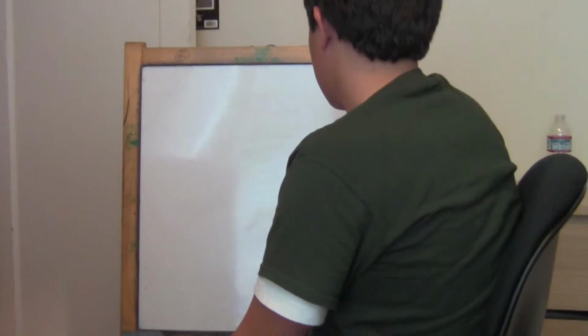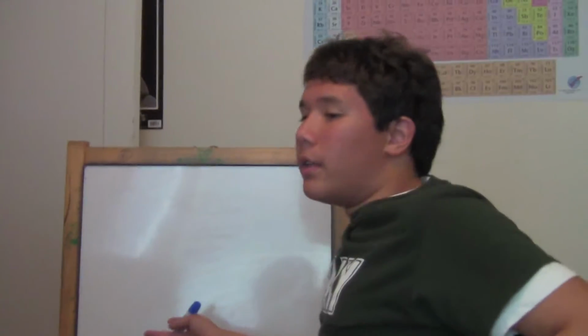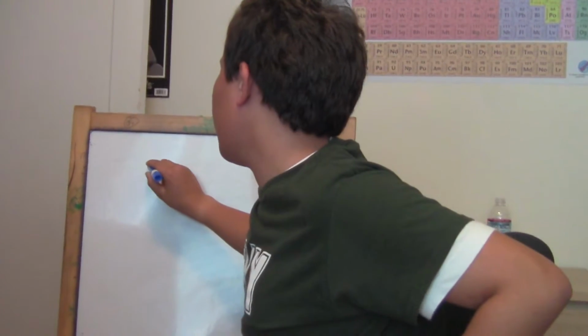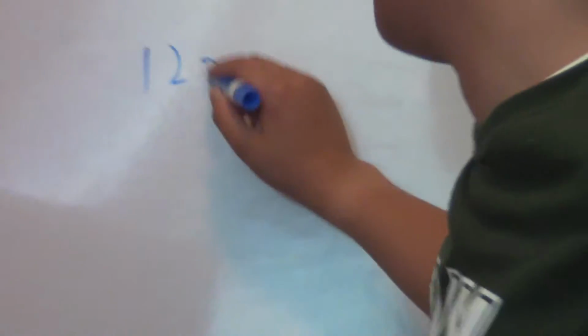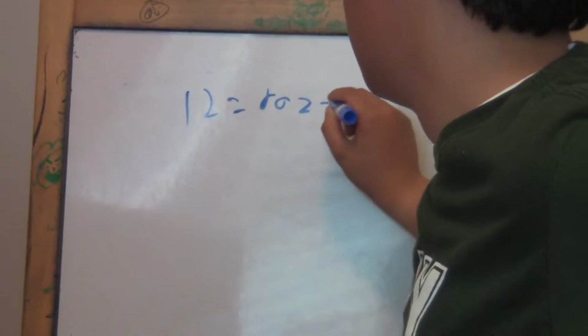Avogadro's number, aka 602 hexillion. But don't let that overwhelm you. It's pretty easy actually, because when you think about it, just think about it like you know how 12 is like a dozen, right?